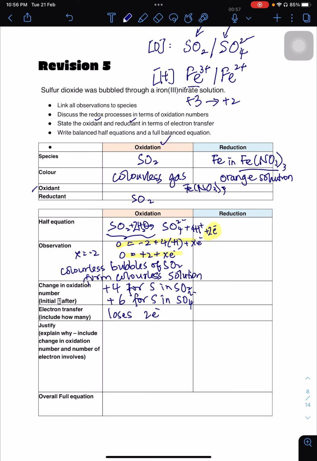So the next column is we're going to write down and justify why sulfur dioxide undergoes oxidation.